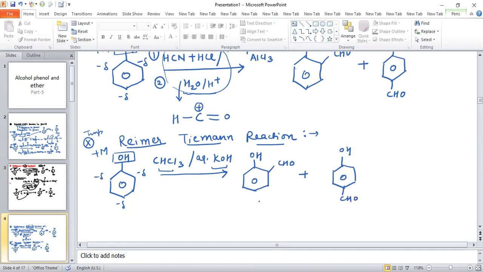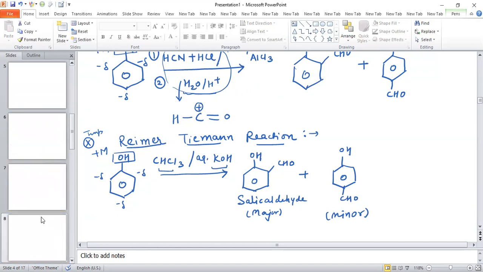So basically this product we call salicylic aldehyde, and this is the major product in this case. And this is the minor product. Now we are going to discuss the mechanism of this reaction.